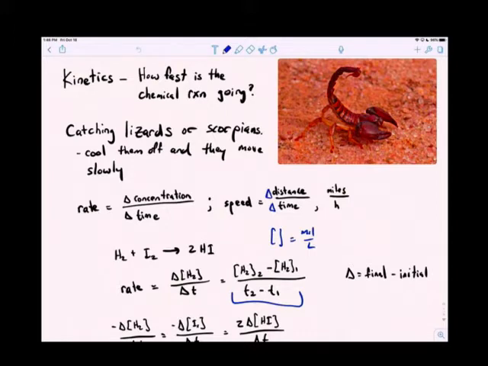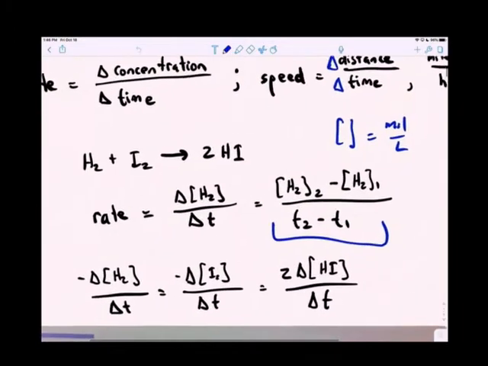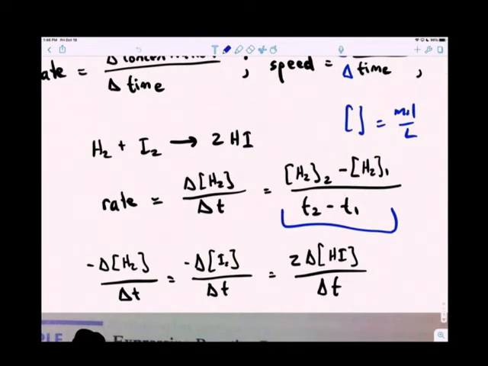In these brackets, these mean moles per liter. So for instance, let's look at this chemical reaction here: H2 plus I2 makes 2HI. You can view the rate as the change in concentration, and the capital delta there means change. Change in concentration of hydrogen over change in time, so delta [H2] over delta t, where t is time.